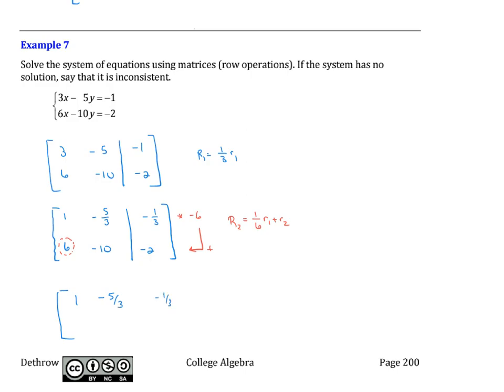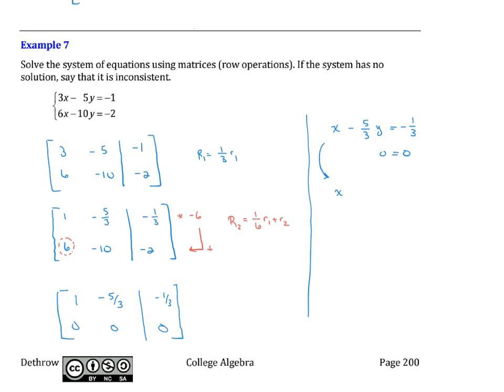And this gives us nothing but zeros. So let's write the corresponding system. We have x minus 5/3 y equals negative 1/3, and 0 equals 0. This means that there are infinitely many solutions.